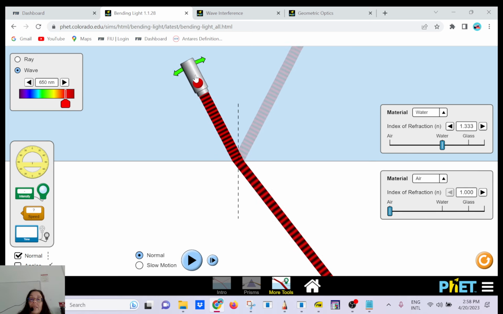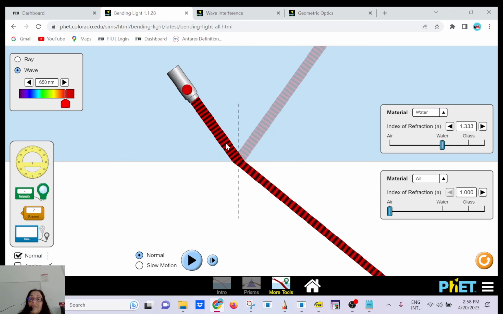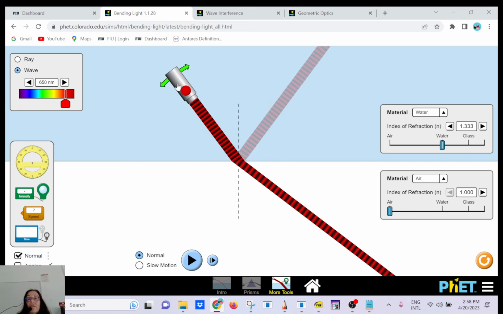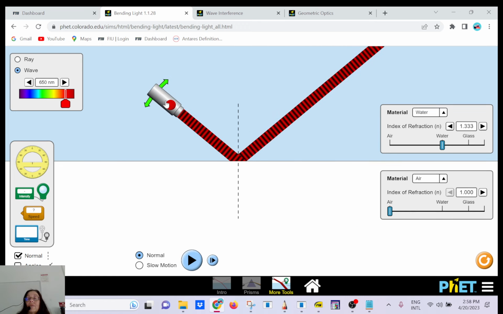Look what's going to happen. You see here, there is no problem. Light can escape. I go from slow to fast. Some of it is refracted, so it can escape the water or the glass. Some of it is reflected. Look what's going to happen here. Can the light escape? No, it's trapped inside.